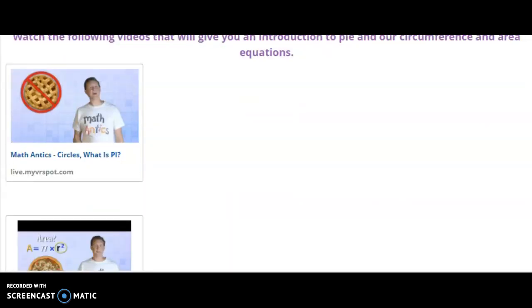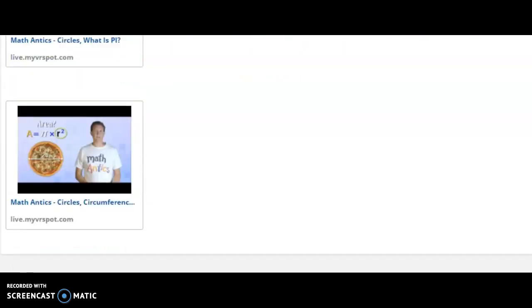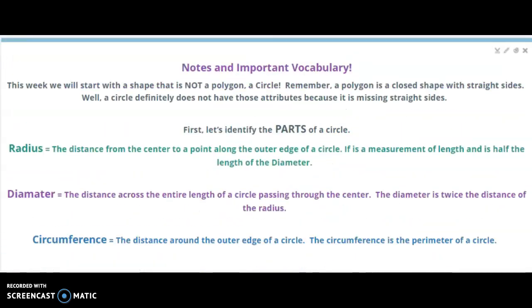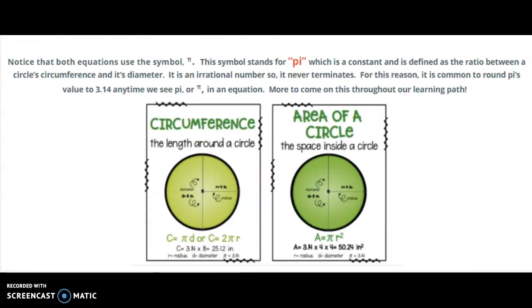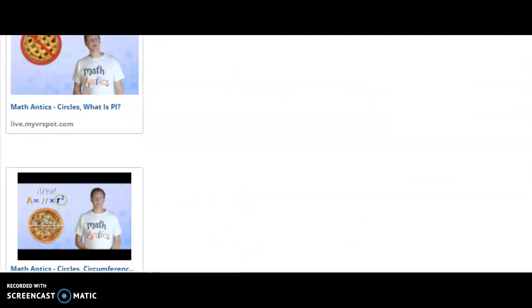You've got a couple of introductory videos to watch, What is Pi, and an introduction to circles, circumference, and area. So that is your introductory page. You'll notice on here there is no task as far as completing anything, but your notes and videos are super important. So make sure you are paying close attention to those.